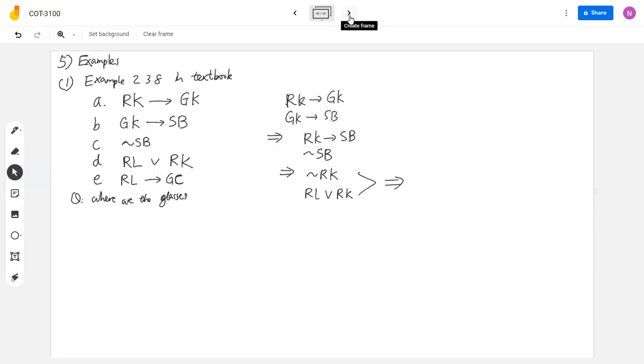Let me just write: RK implies GK, GK implies SB, so RK implies SB. This is by transitivity.